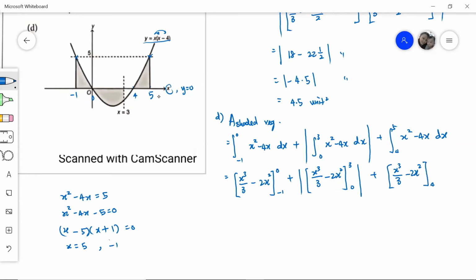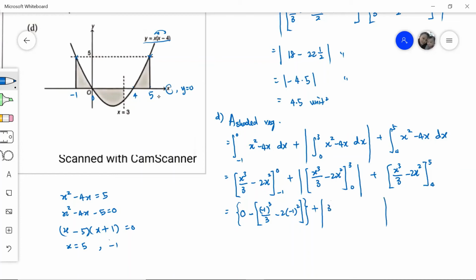From 4 to 5. Now let's substitute this 0 in. So 0 over 3 minus 2 times 0. So everything is 0. And minus, let's put the negative 1 in. Negative 1 to the power 3 over 3, and then minus 2 times negative 1 squared. Okay. So this is the first part. Next, go by the second part. We have the modulus part.